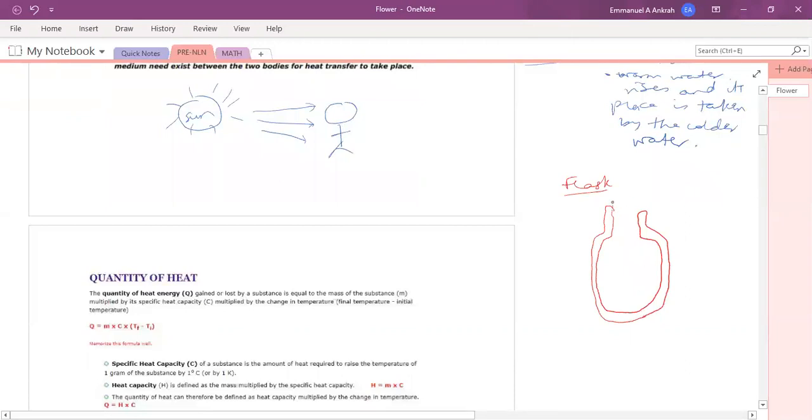If you look at the flask, inside the flask is shiny. You have a two-walled outer layer covering, these are shiny surfaces, and in between you have air.